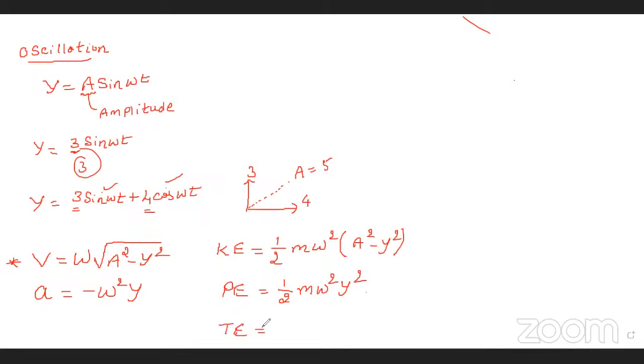What is the total energy of the particle executing simple harmonic motion? It is half m omega squared into a squared. So this is the total energy in the case of oscillation.